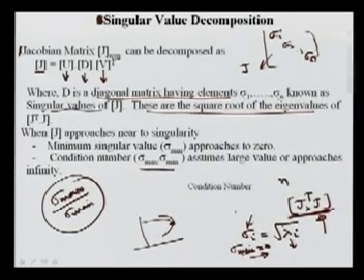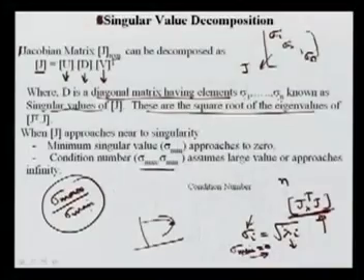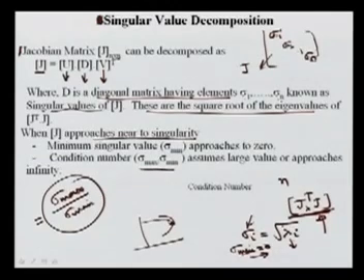Out of that, one will be minimum and one will be maximum. The sigma max upon sigma min gives your condition number, and this is normally very high, or even infinity, when J approaches near to the singularity at this nose point, because sigma min becomes 0, which means the ratio becomes infinite.